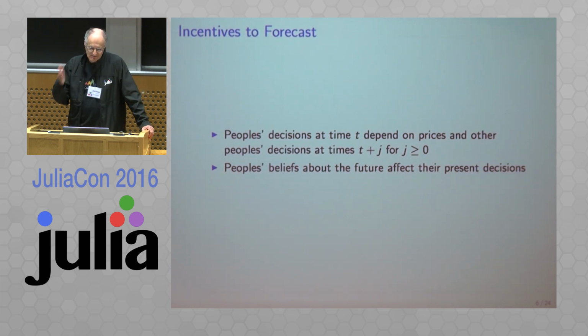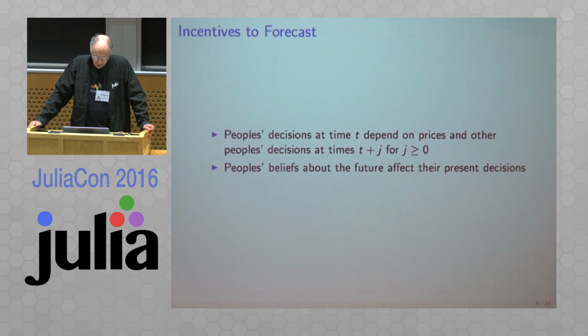People's decisions at time t about what to do now depend, in economics, on prices and other people's decisions in the future. Why is the stock market reacting right now? It's not what happened yesterday, it's what the consequences for the future are going to be. So people's beliefs about the future affect their present decisions. That's the key thing.